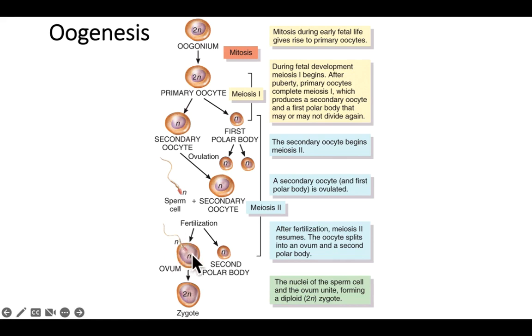And once fertilization occurs, you're back to 2 sets of 23 chromosomes, and you're called the diploid zygote. Diploid means you have 2 sets of chromosomes. All right, so this is the process of oogenesis. Again, right up till about here, it occurs inside the ovary, and then the rest of this occurs inside the fallopian tube.